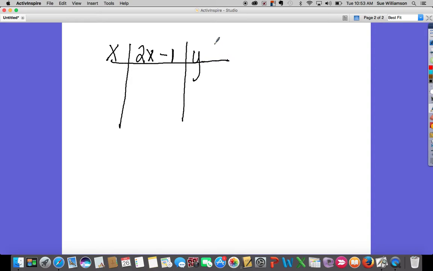I might go ahead and have one more column, which I'm going to call my ordered pairs, my x, y. So if I put in, say, -1 for x, then 2 times -1 minus 1 would give me -3. So that means my ordered pair would be -1, -3.